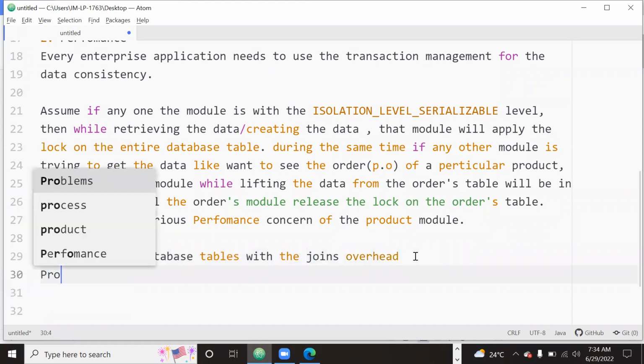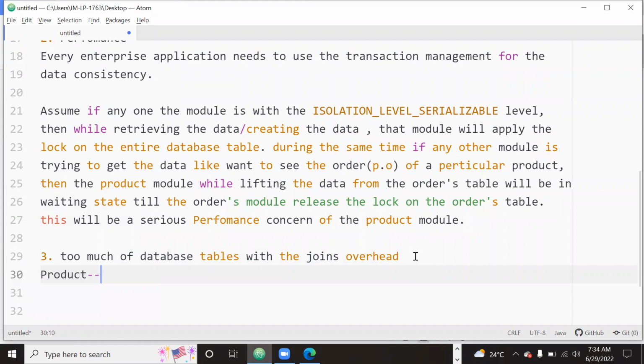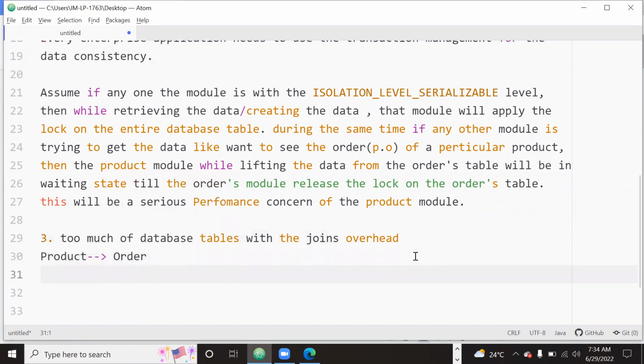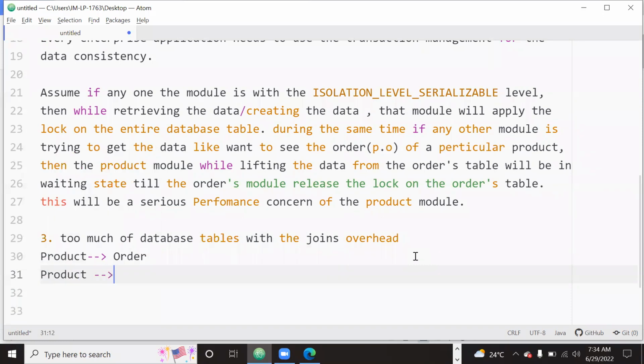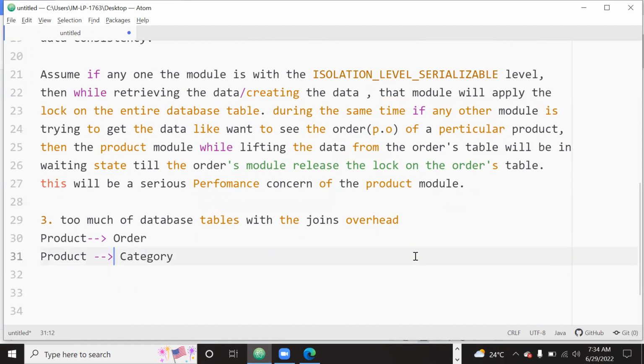For example, just now we have seen a product will have one order, right? One product will have one order, and one product will be in one category.